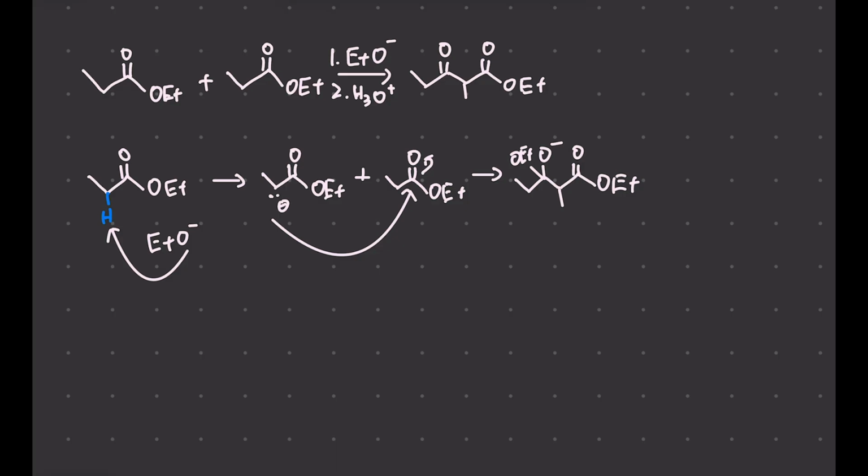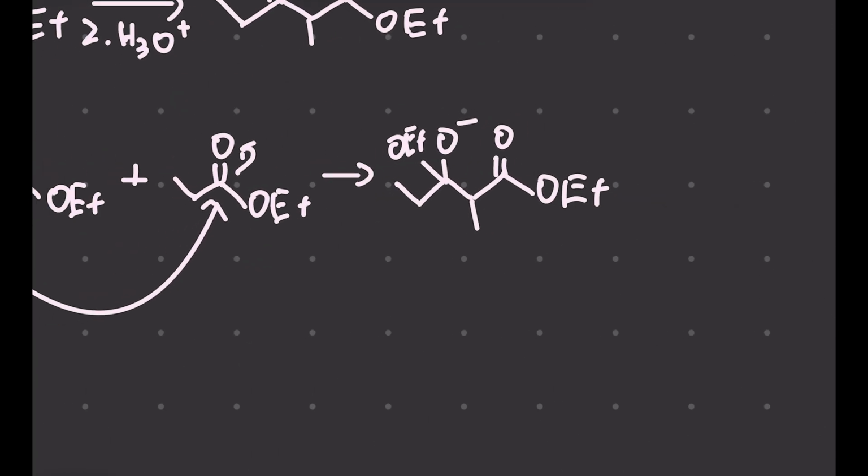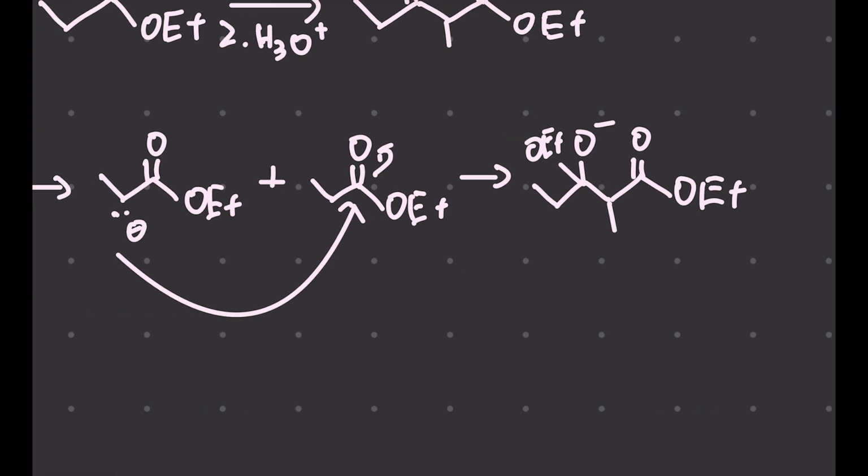As you can see, let's number the carbons. This is carbon 1, carbon 2, carbon 3, and this is carbon 1, carbon 2, carbon 3. As you can see, the new bond that is formed is right there.